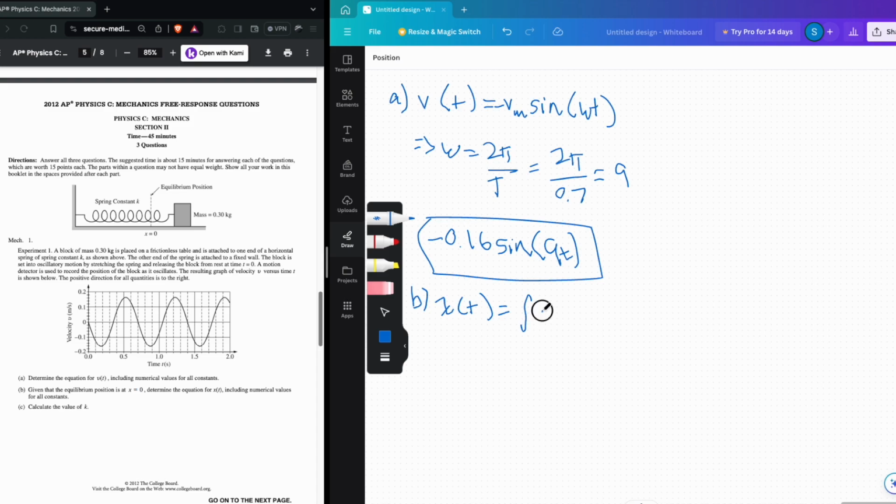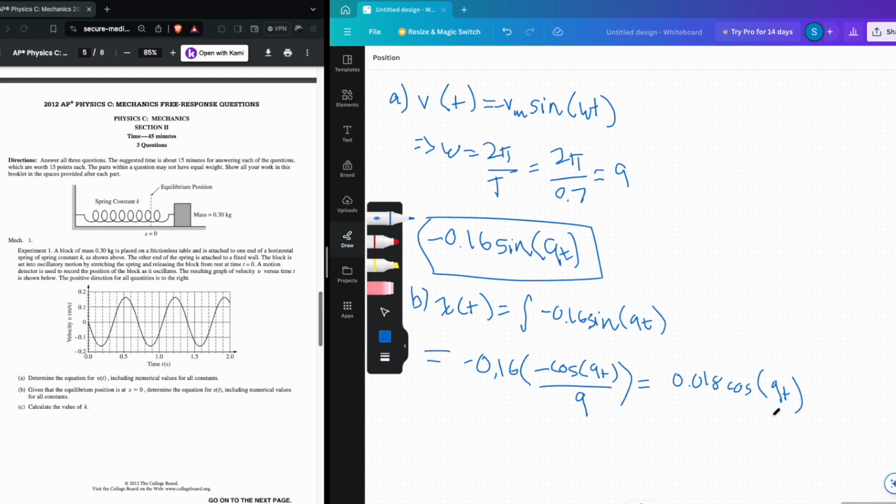So it would be the integral of negative 0.16 sine 9t, which is negative 0.16 times negative cosine 9t over 9, and that is equal to about 0.018 cosine 9t. So this would be our final answer for part B.